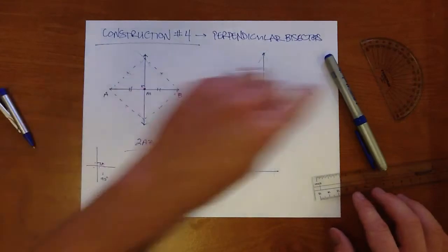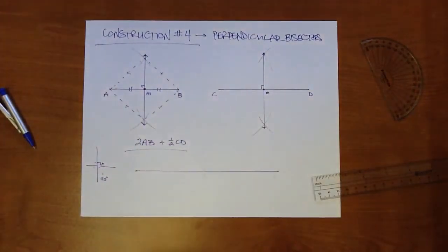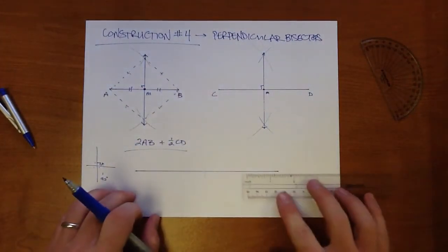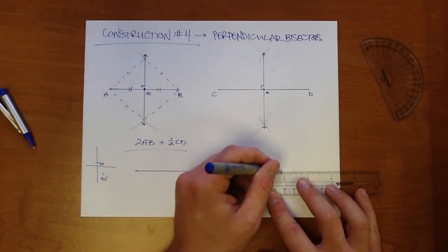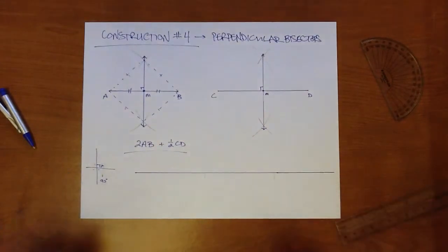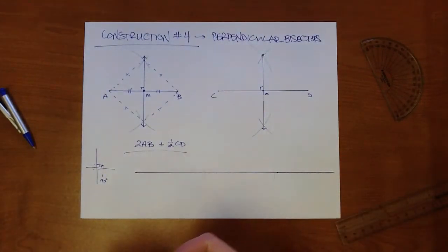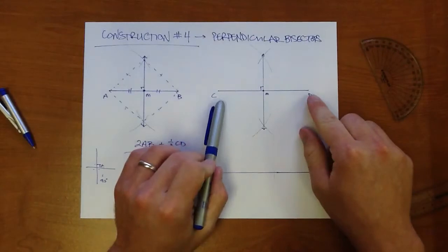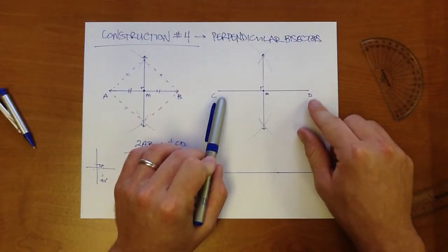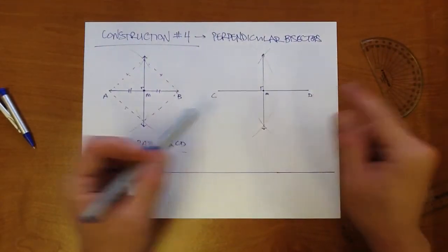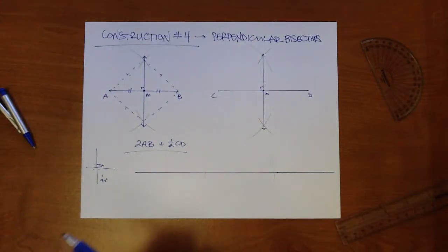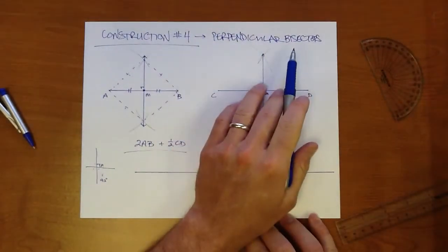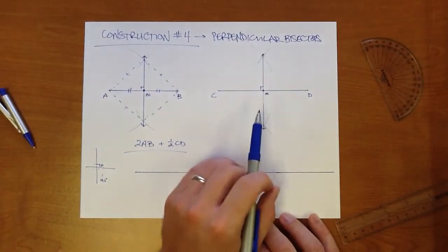And then it says we want to figure out 2AB plus 1/2 CD. Well, the thing that's nice about this right now is we've already cut CD in half, so it's going to make it relatively easy. If we were just given CD, you'd probably think, okay, how do I find half of CD? Well, the way you find half of CD is by doing the perpendicular bisector, because the bisector cuts it in half.